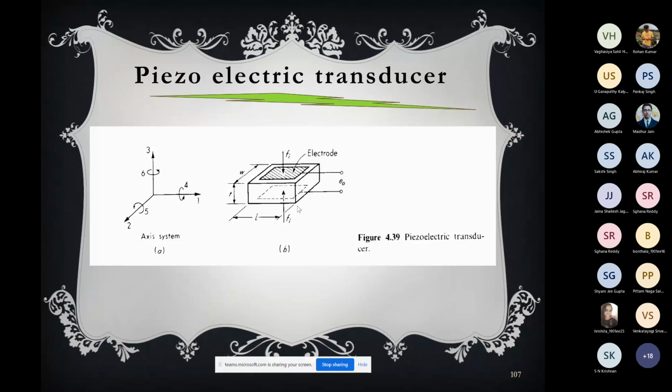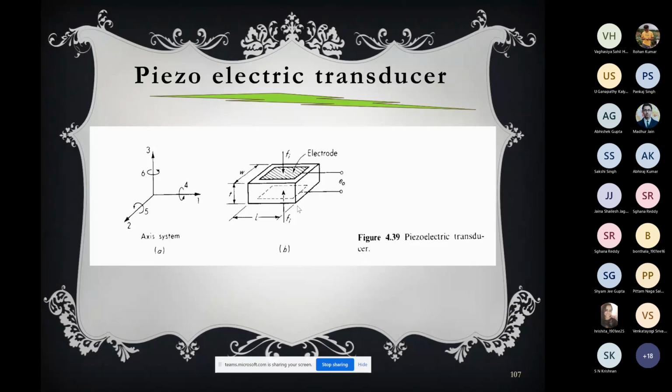If you give a very high electric voltage, this material will get deformed. Similarly, if you deform it, it will generate voltage, which can be very high voltage, low current. High voltage does not always mean shock or damage. If the current is very low, then there will not be any damage as such. So it can also be used for spark generation.